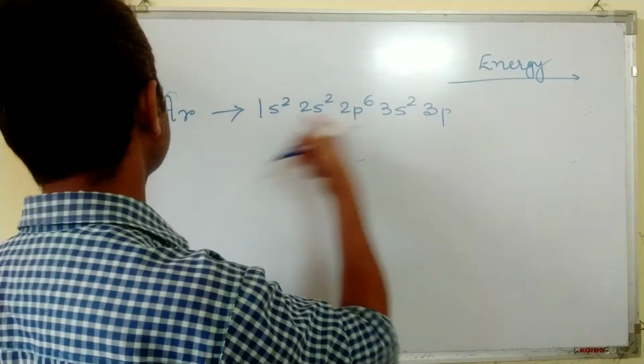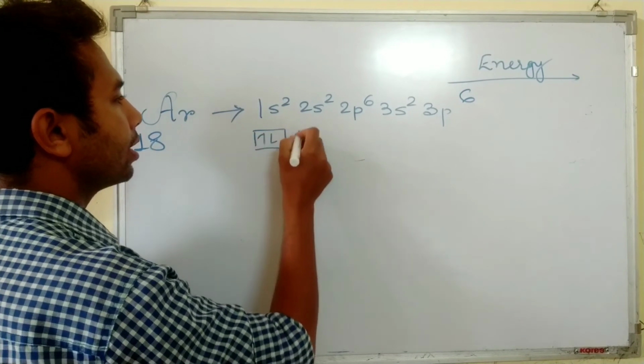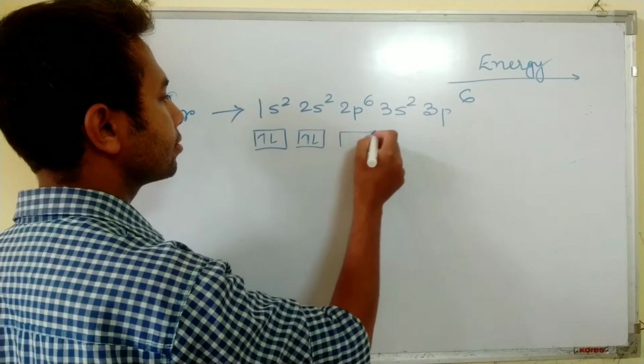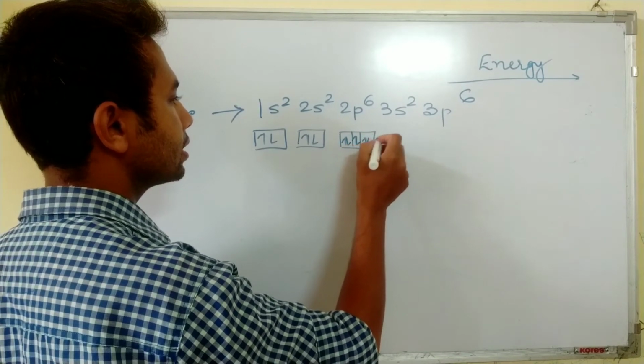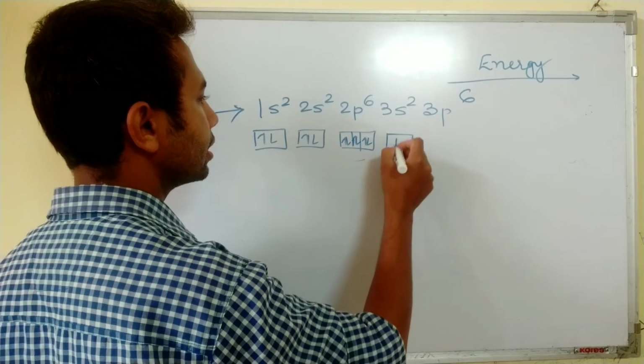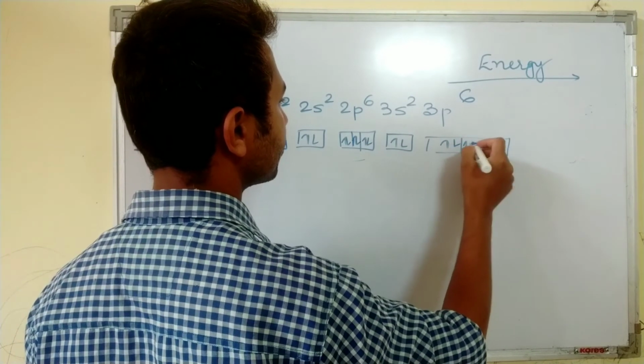We have 12 electrons, then the remaining 6 electrons we have to put in 3p. 1s2, 2s2, 2p, 1, 2, 3, 4, 5, 6. In 3s 2 electrons, in 3p 6 electrons, 1, 2, 3, then 4, 5, 6.